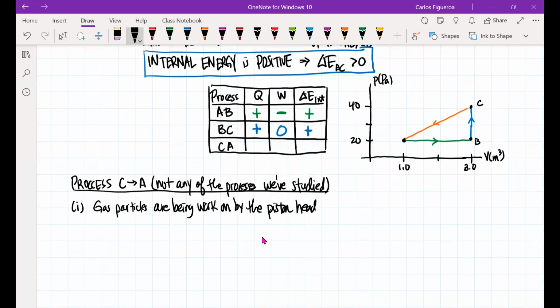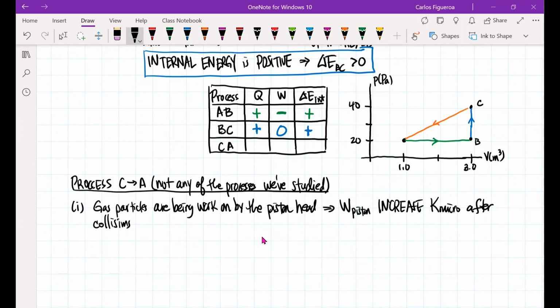That means the work of the piston head increases K micro. It increases K micro after collisions with the piston head.